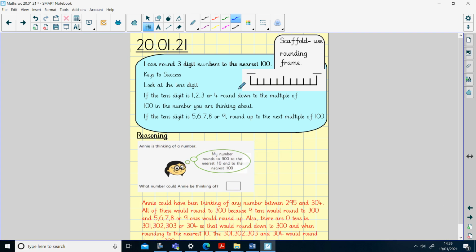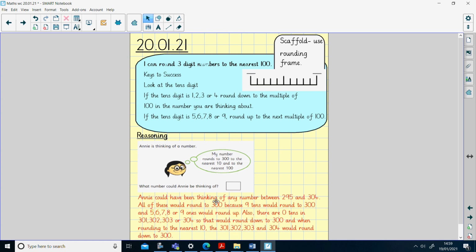Okay, so here's my answer here. It's a long answer today. So Annie could have been thinking of any number between 295 and 304. All of these would round to 300 because 9 tens would round to 300 and 5, 6, 7, 8 or 9 rounds up.